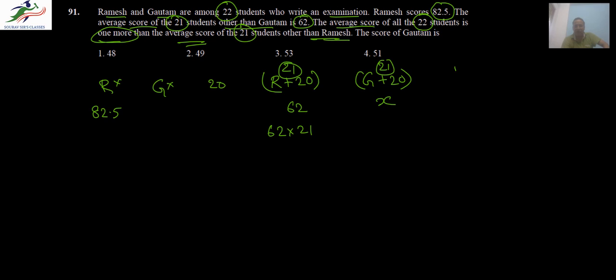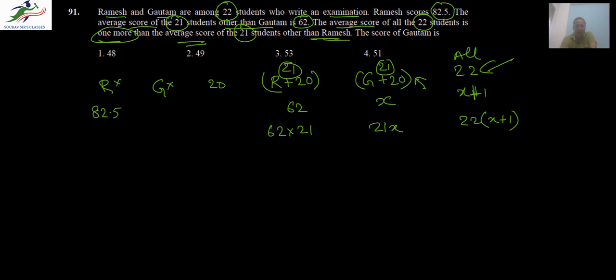So therefore, the average of all 22 students was x plus 1. Which means that the total of these 21 students would be 21x, and the total of all 22 students would be 22 into x plus 1.